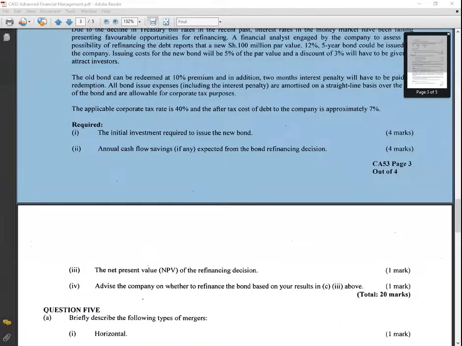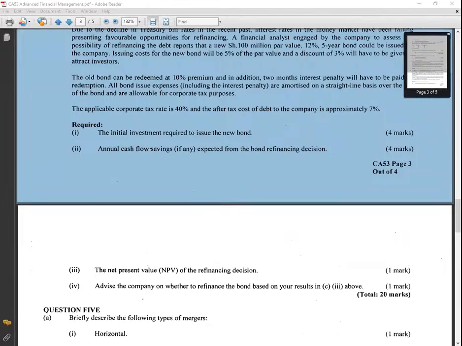Anytime we think about the initial outlay of a bond, always think about CODI, where C stands for call premium, O stands for the overlapping interest, D stands for discount, and I stands for issue cost.